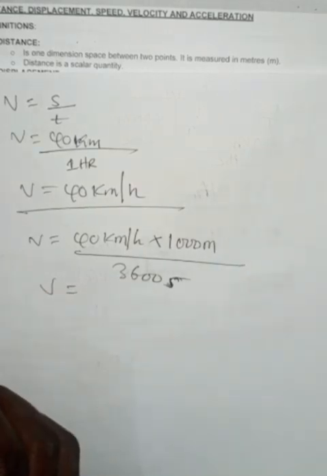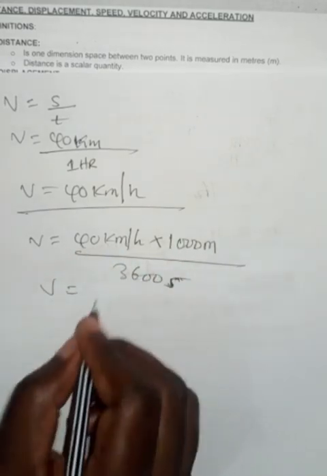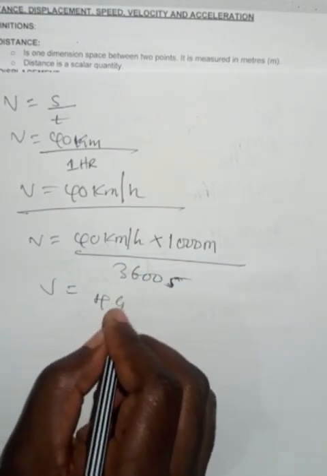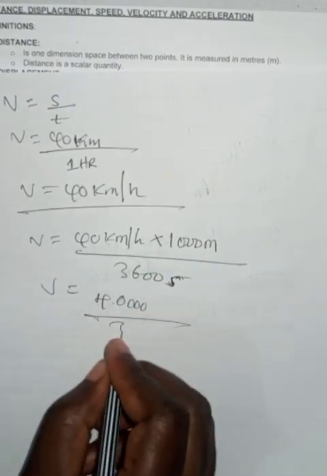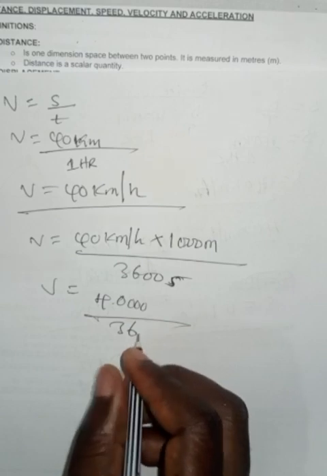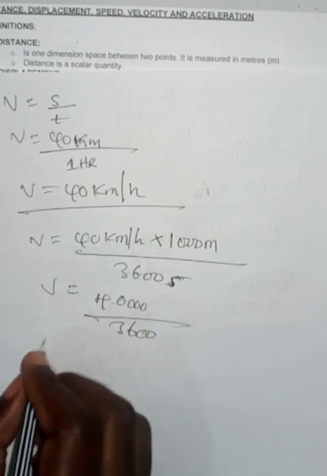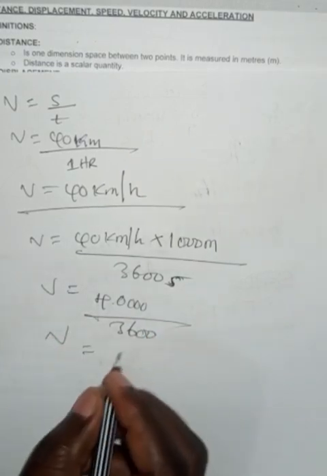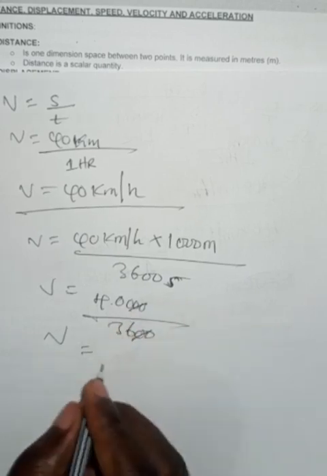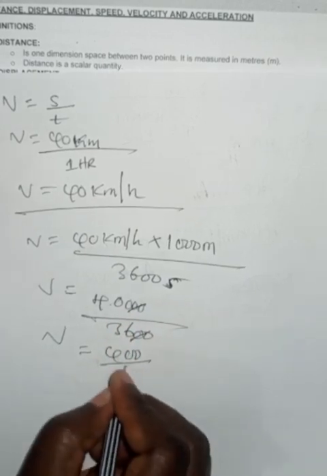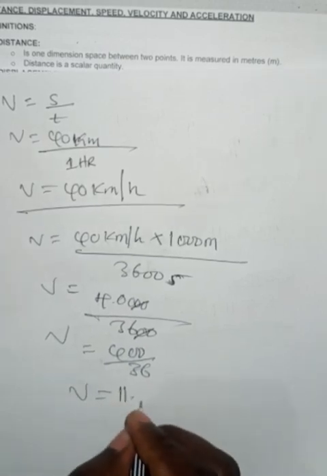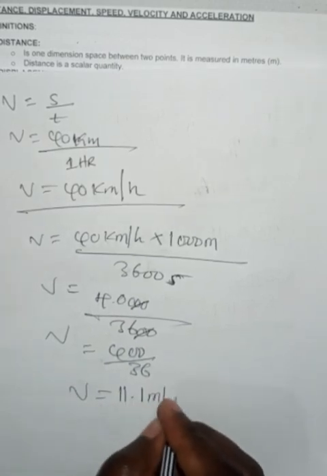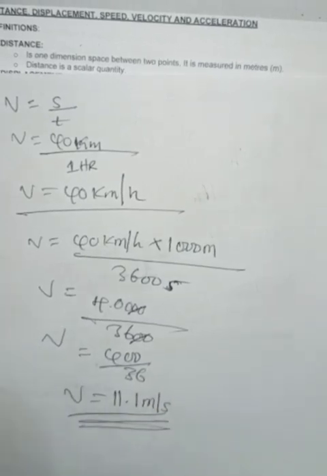This times that, you're going to get 40000 over 3600, and these two zeros will cancel, so you're going to get 400 over 36, and velocity still gives us 11.1 meters per second.